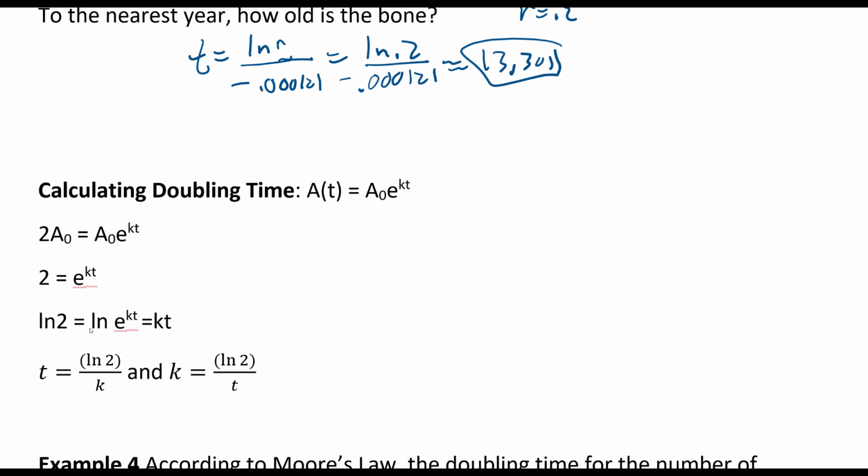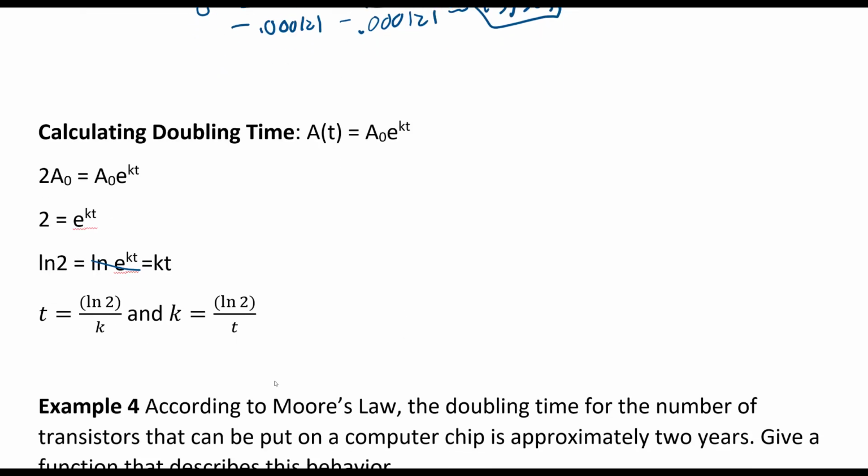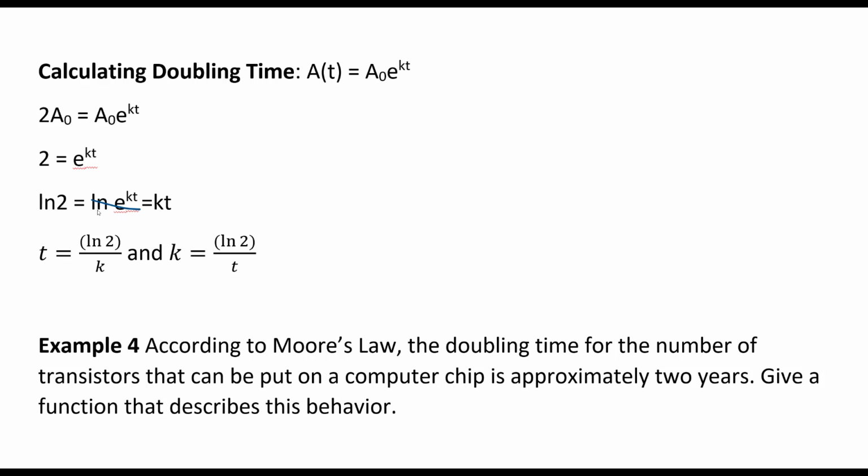So natural log of 2 equals natural log of e to the kt, which is kt, because this cancels. I was asking the question, log base e of what is e to the kt, and it'd be kt. And t equals natural log of 2 over k, and k equals natural log of 2 over t.